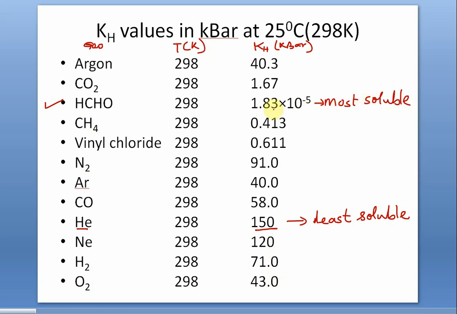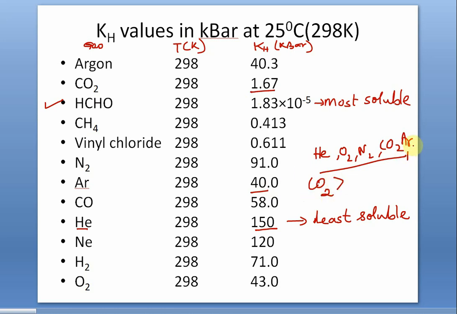And in between, if you compare between helium, oxygen, nitrogen, carbon dioxide and argon, only these familiar gases, tell me which is most soluble. Look at argon, 40. And look at carbon dioxide, it is only 1.67. So undoubtedly carbon dioxide is maximum.